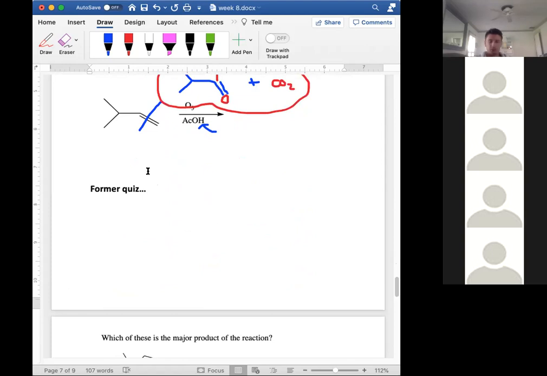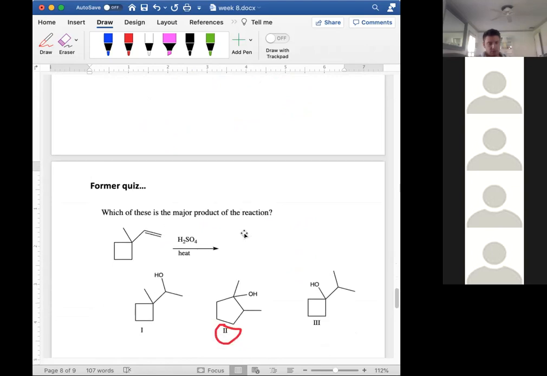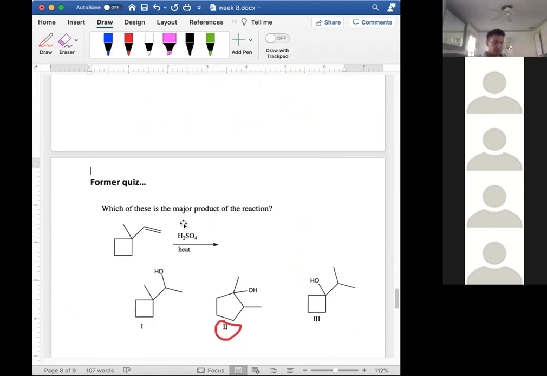So you guys remember, can somebody remember from chapter 7, I mentioned that if you have an acid like this, can somebody tell me if there's going to be a rearrangement or not? I said if you have something like H2SO4 or H3PO4, you're probably going to have an E1 reaction if you're removing an OH.